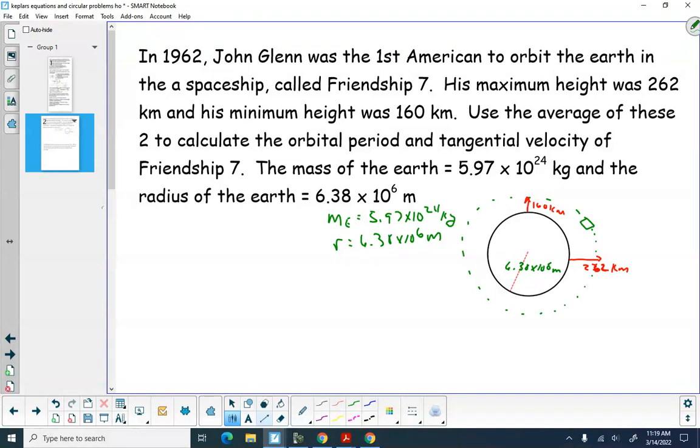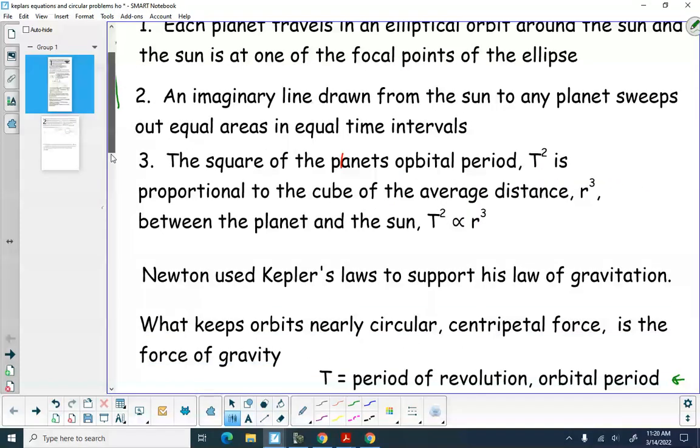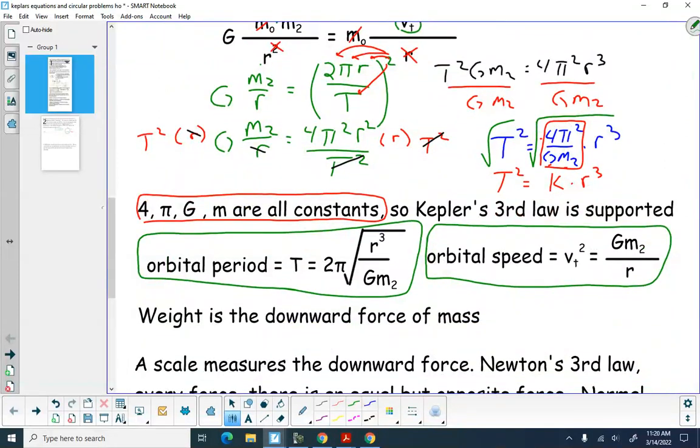Calculate the orbital period and the tangential velocity. The orbital period is equal to 2 pi square root of r cubed divided by GM.